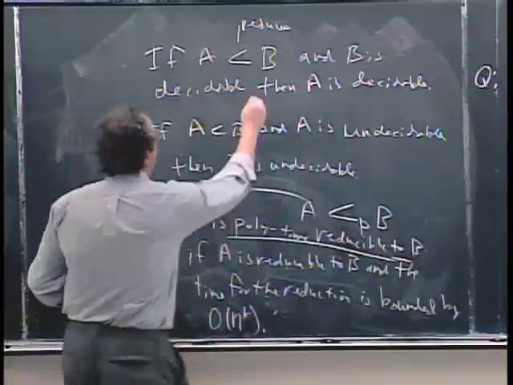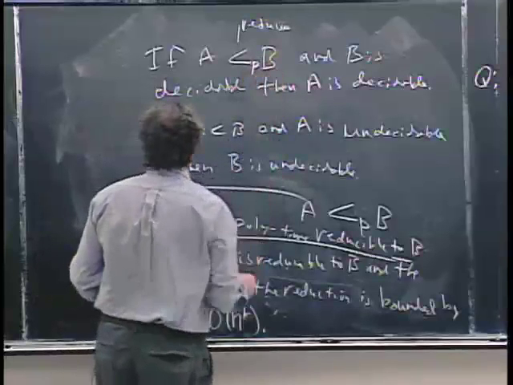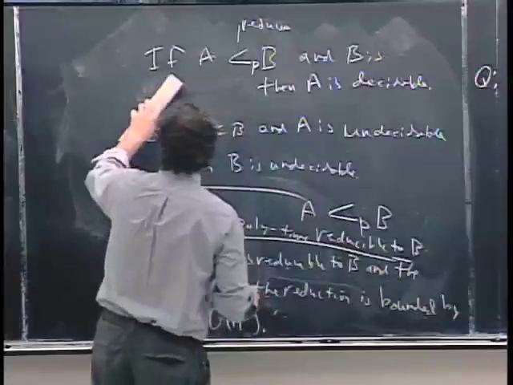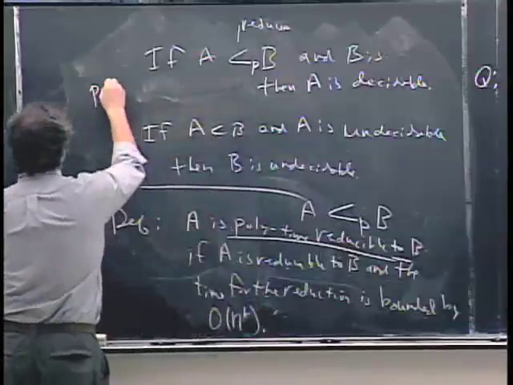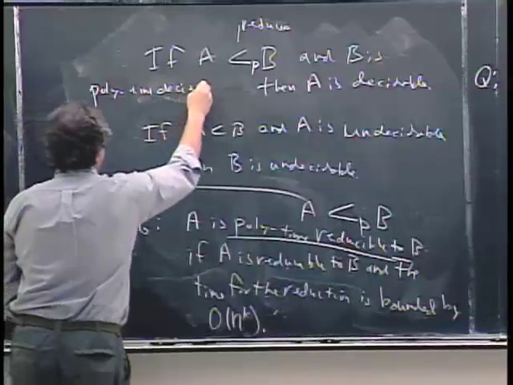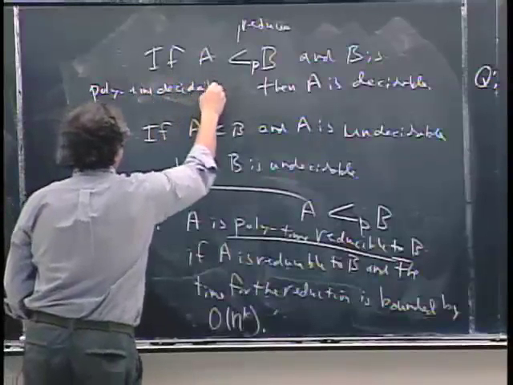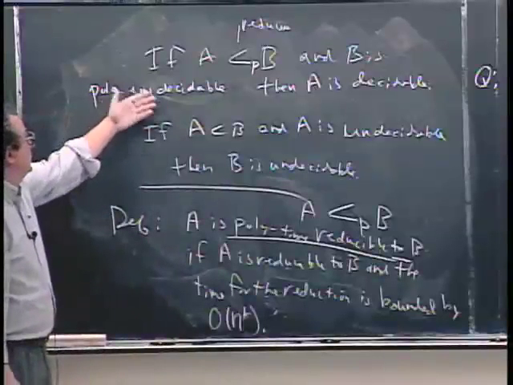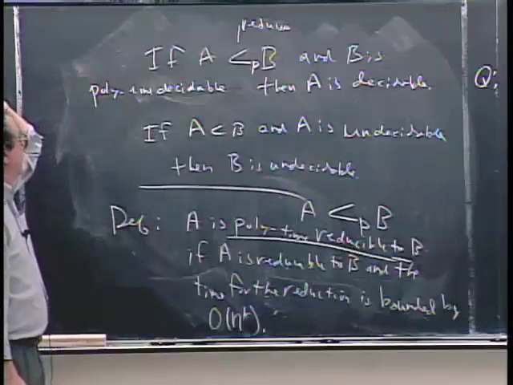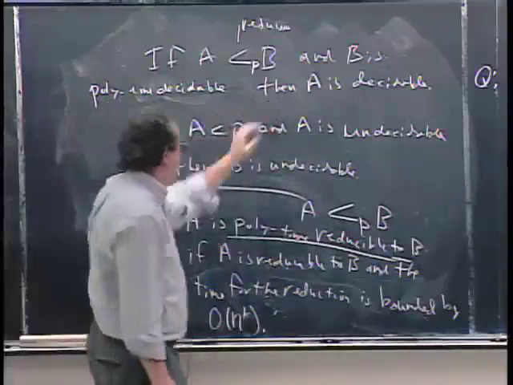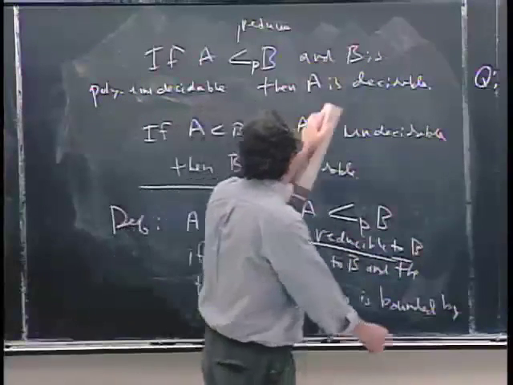If A is polynomially time reducible to B, and B is polytime decidable, okay, there's some polynomial time bounded Turing machine that decides language B, then A is polytime decidable.